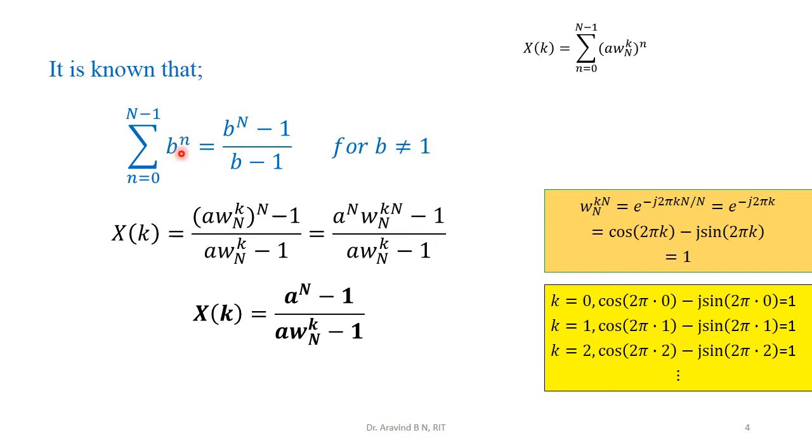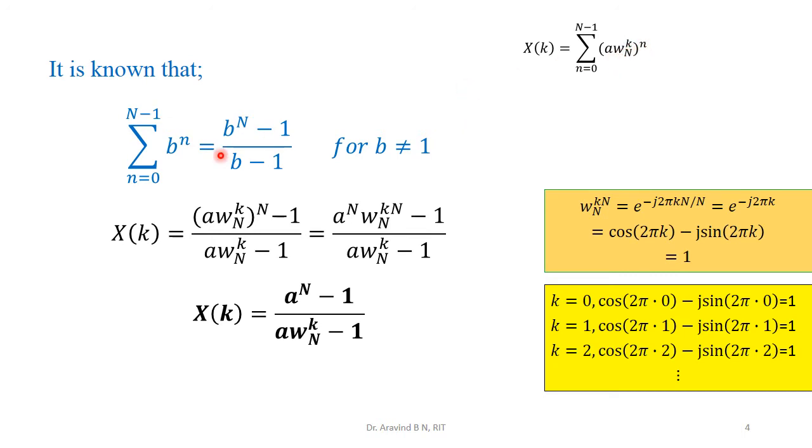Now compare this summation of n is equal to 0 to N minus 1 of b to the power of n with this part of the expression. The summation range is the same, and b to the power of n appears like (a omega N to the power of k) to the power of n.